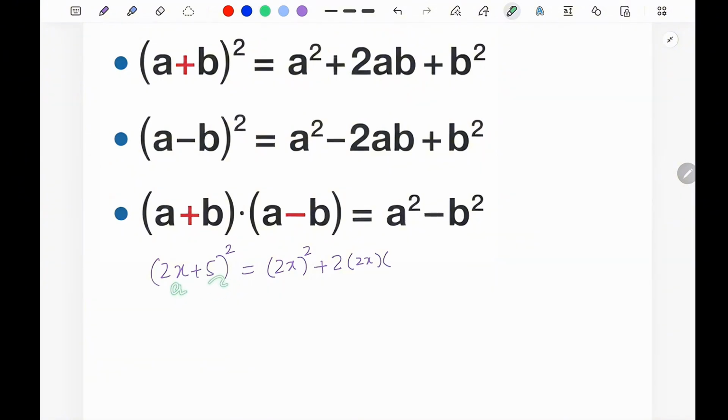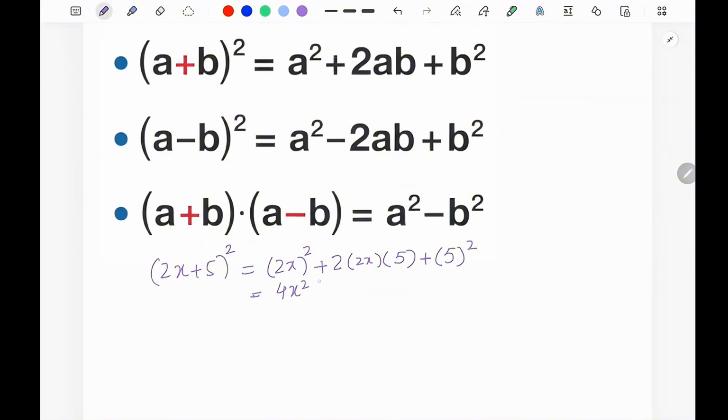Now here we will be writing a square plus 2ab plus b square. So our a is 2x, so it is (2x) square, and for 2ab we will write 2, then a, and here we will write b, which is 5 now. And at the end we will write the square of the second term.